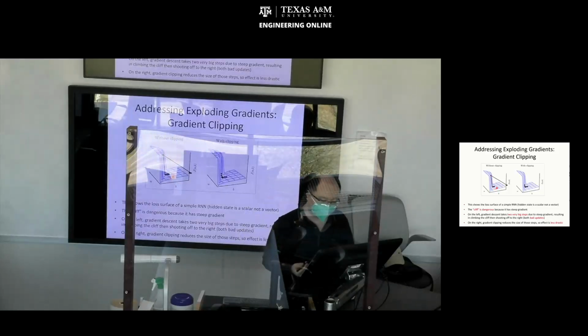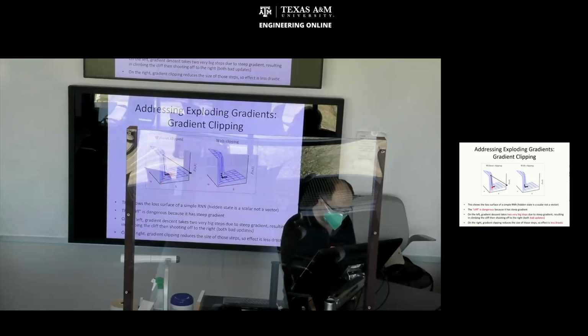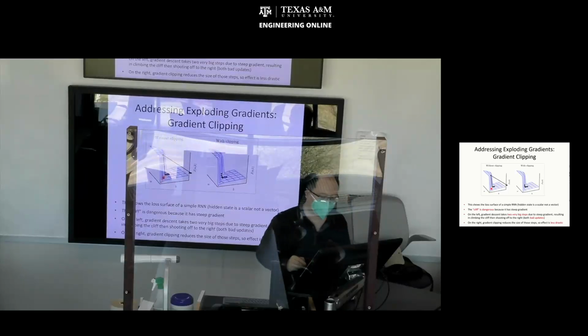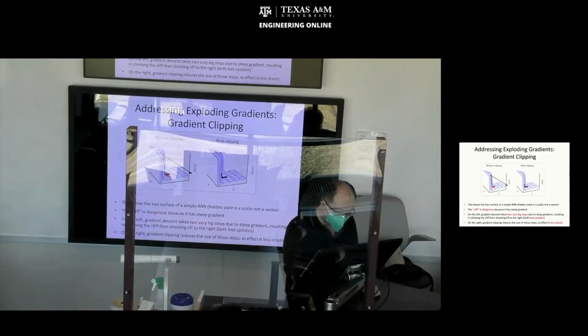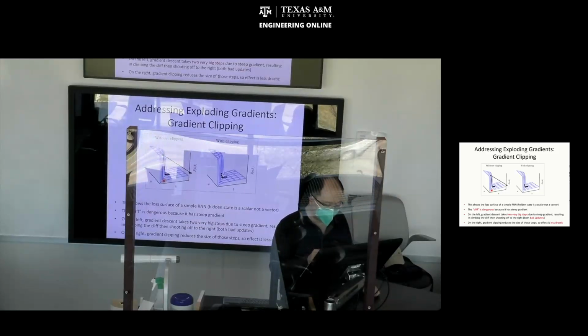And imagine that we are inching toward the global minimum, right? But the problem is that sometimes, for instance, if you reach here, then the gradient is so high that it can just explode.